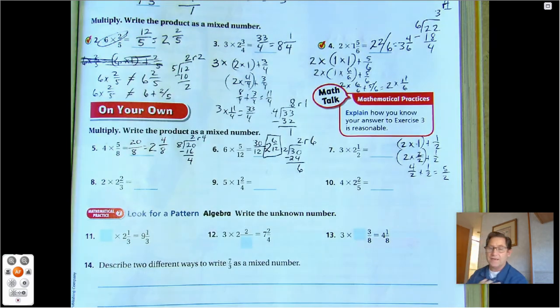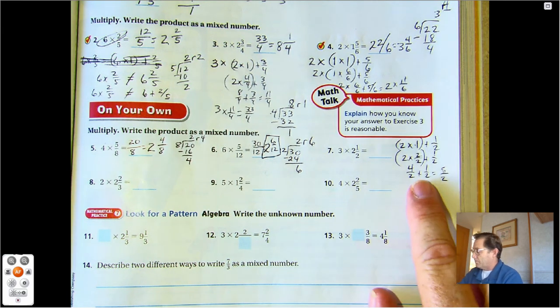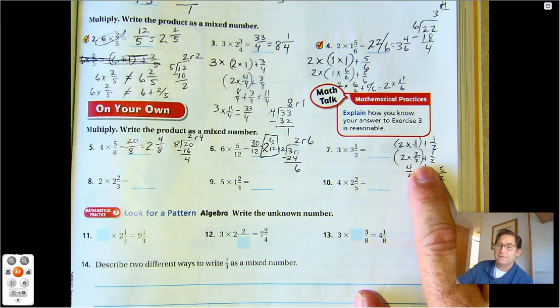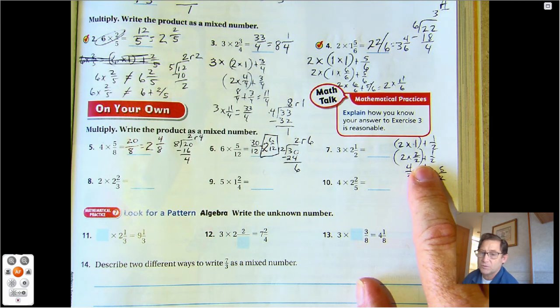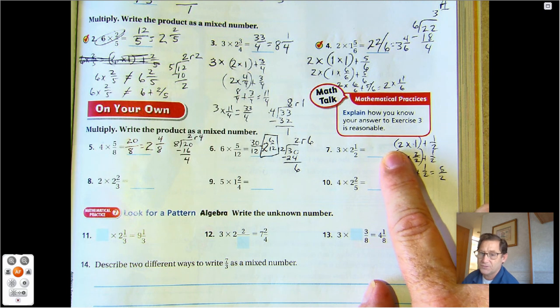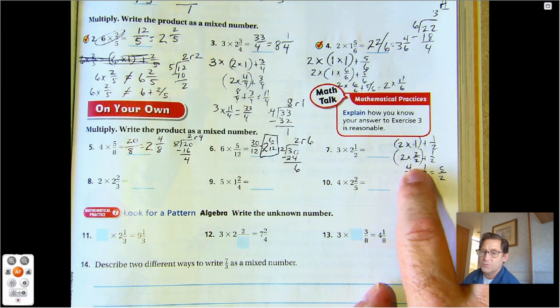Okay, so that's 5/2. Now, when we rename the 1 as 2/2 and multiply 2/2 by the 2, what we're saying is in every whole number, there are 2/2.